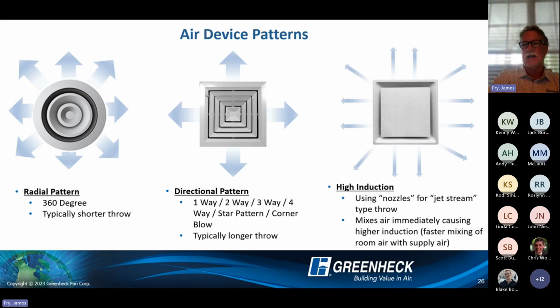And we have high induction products, where we can induce the air very rapidly and mix the room air. If you had a room with low airflow, we would highly suggest a high induction product, where you can induce the pattern into that room and mix the air to your desired temperature.